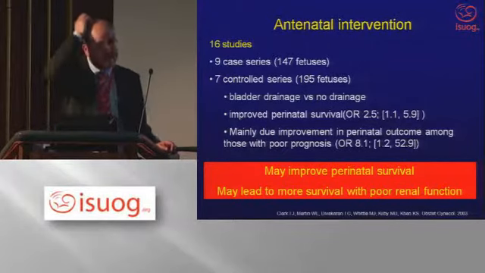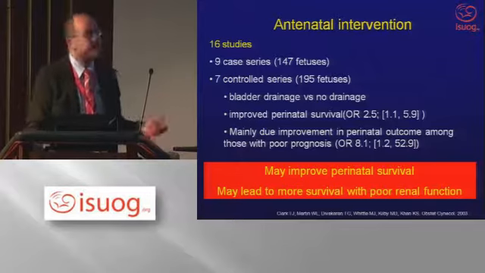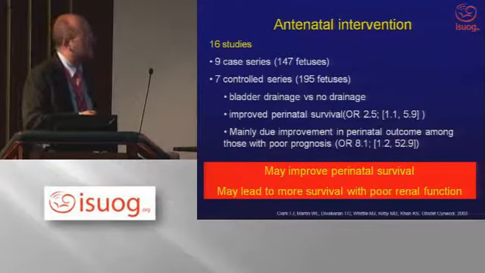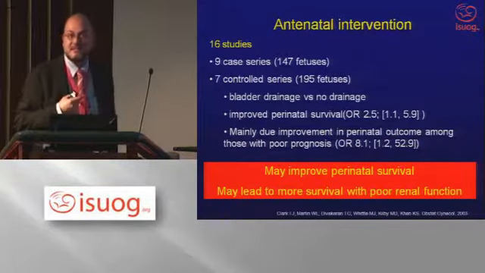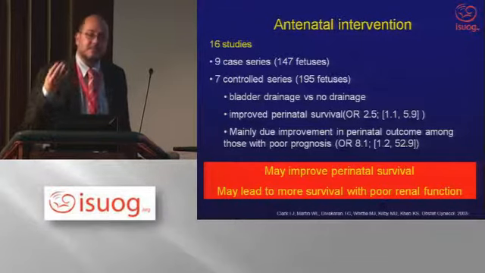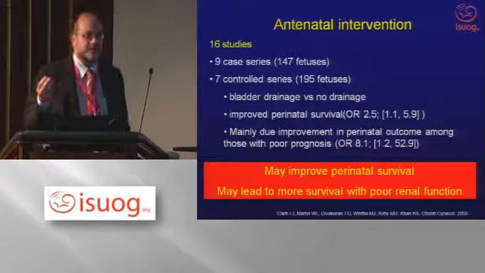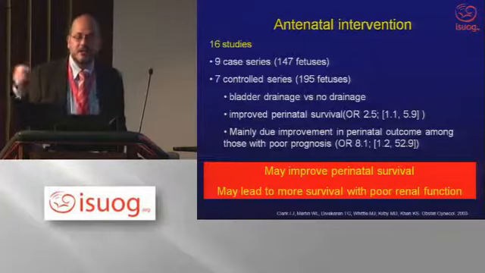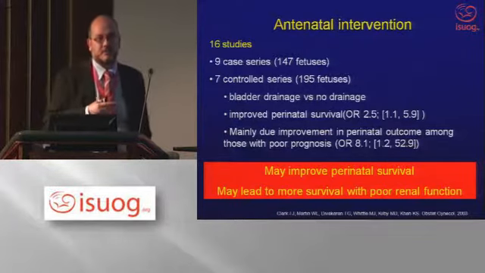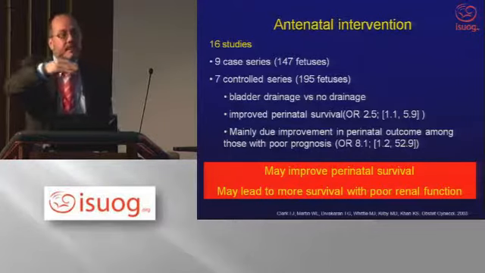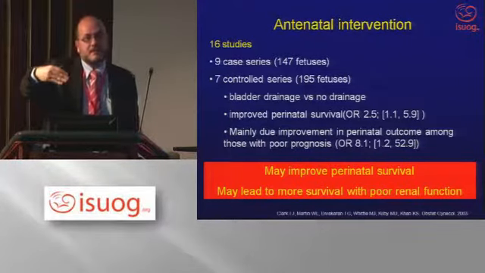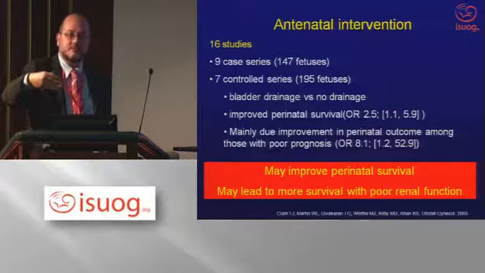Just pause for a second and highlight to you the limitations of non-randomized studies of this nature. Because if you see a woman who, because of the enlarged bladder, decides to have a termination, she's going to do that anyway. You're not going to convince her not to have a termination to put a shunt in. So it's only in the cases that elect to continue that shunting then becomes an issue.